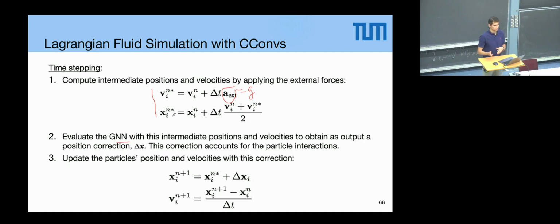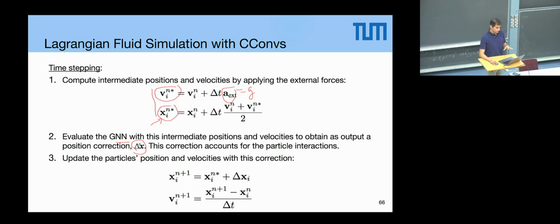But this was ignoring the interaction between the particles, that can collide with each other. So that is where the graph neural network comes into play. We feed as input these velocities and use these positions to evaluate the kernel. And the graph neural network is going to provide some correction to these intermediate velocities.